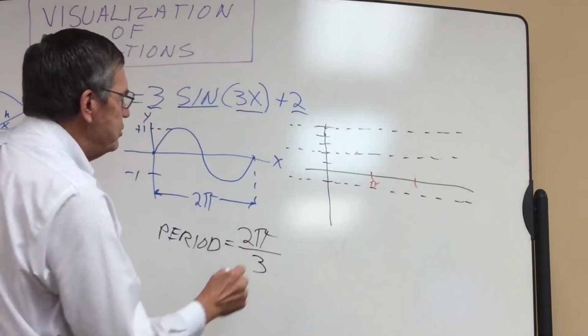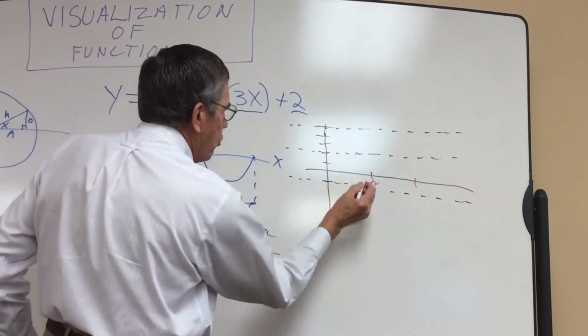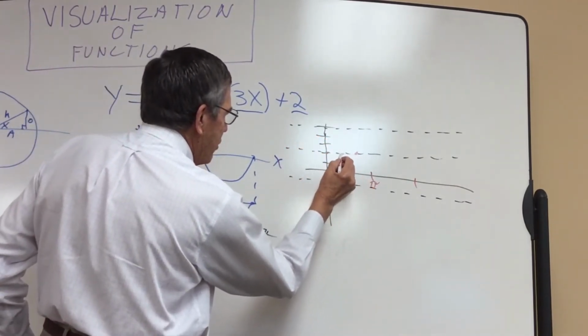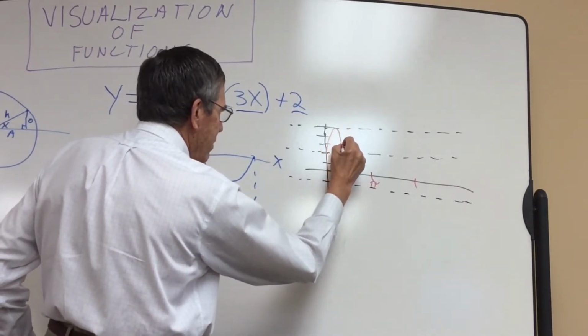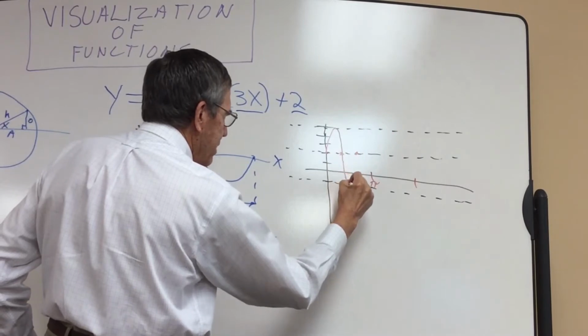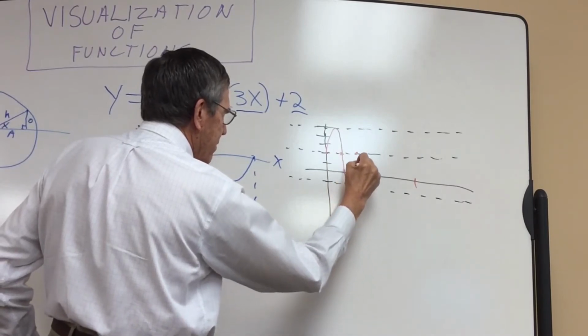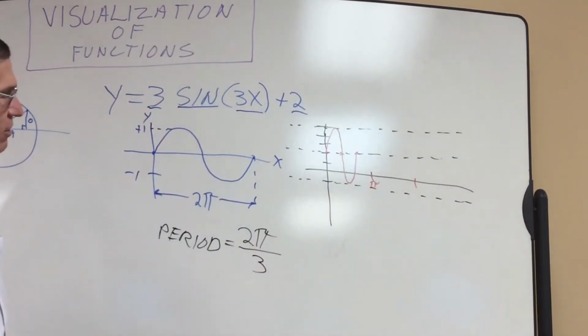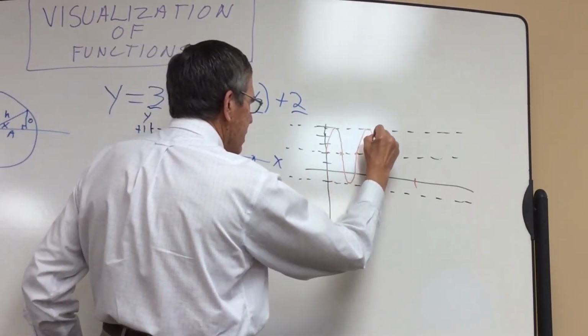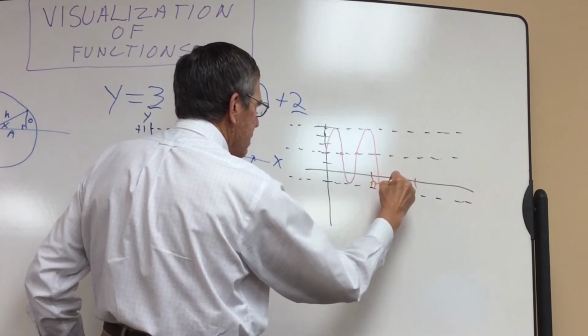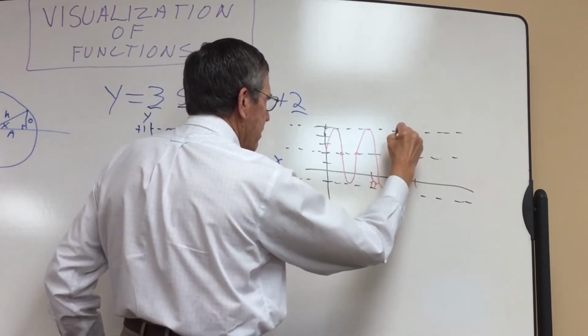Okay? So let's do that. We're going to divide that in half because we got to get back down to the axis. So we're going to go up, come down, all the way down to here, and come back up there. That will be its first cycle. Then we'll repeat that cycle and repeat it again.